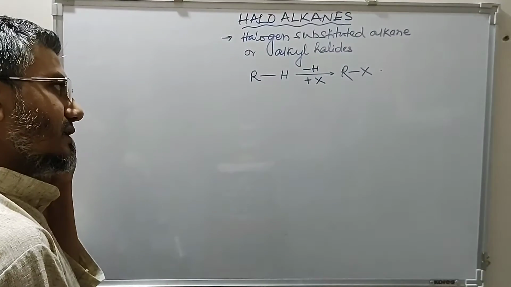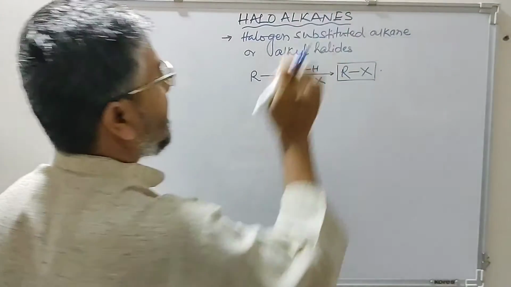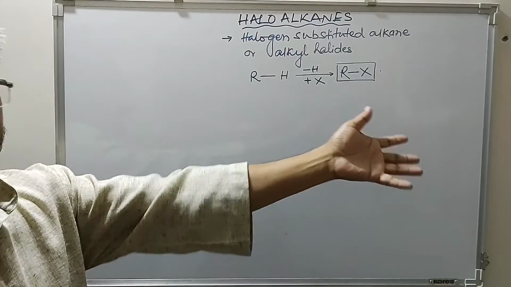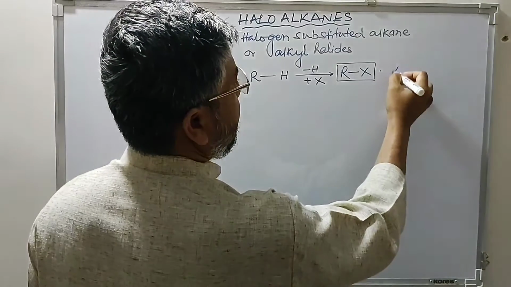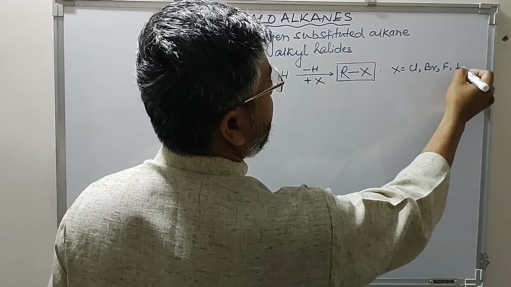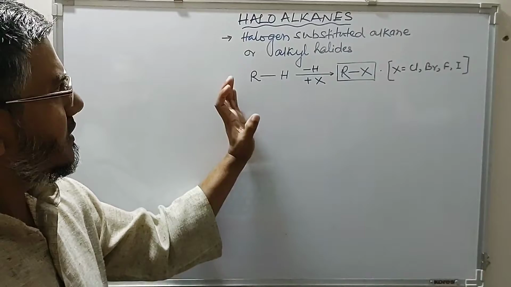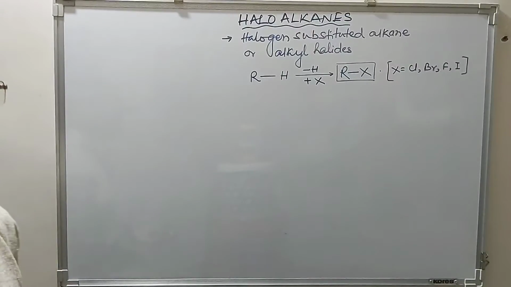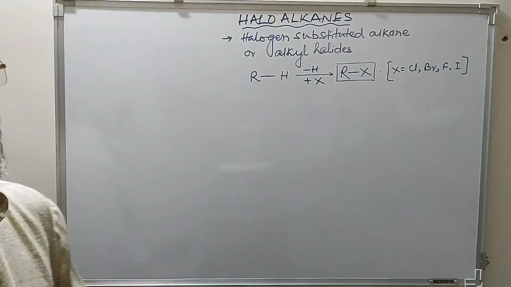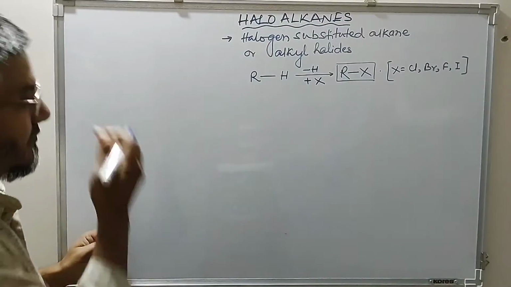This compound RX is what we call halogen substituted alkanes or alkyl halides or haloalkanes. This X may be chlorine, bromine, fluorine or iodine, any of these halogens. So this is haloalkanes or alkyl halides or halogen substituted alkanes, alkenes or alkynes. Now these may be of different types, as I told you.